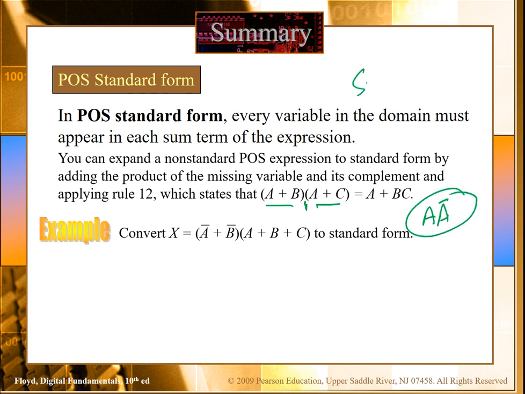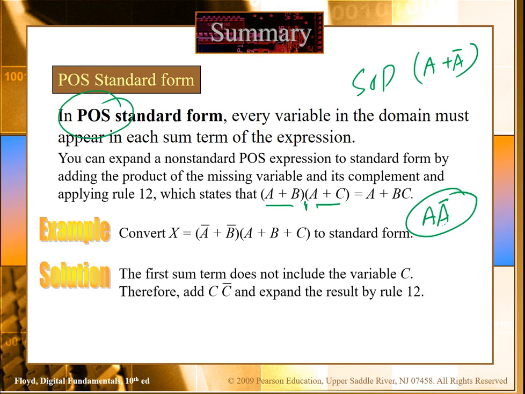If we are dealing with sum of product, we add with the conjugate and multiply with the missing product term. Here we will multiply with A and A conjugate, not the sum, to convert the non-standard product of sum to the standard product of sum form. Again, this is an example. We will solve this during the live session.